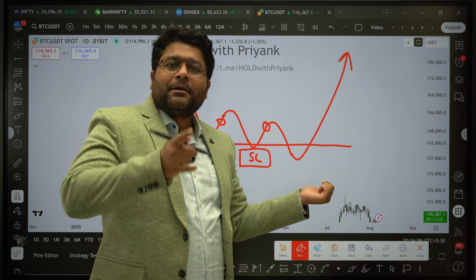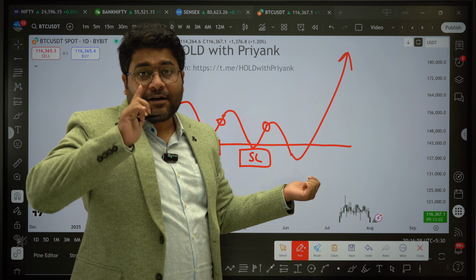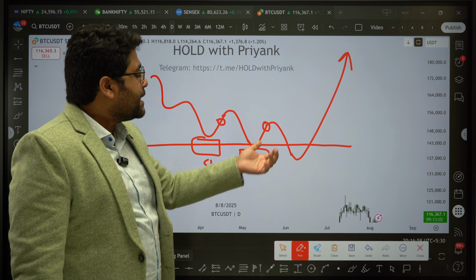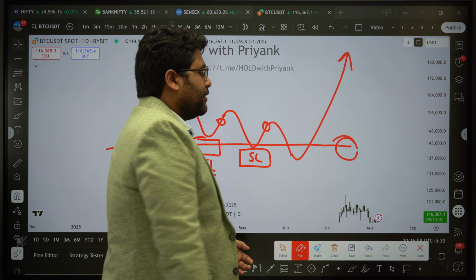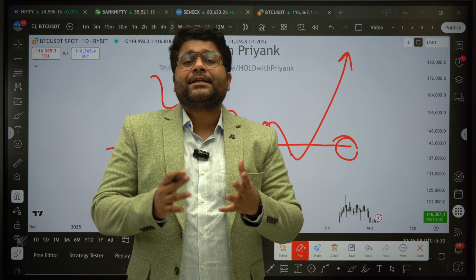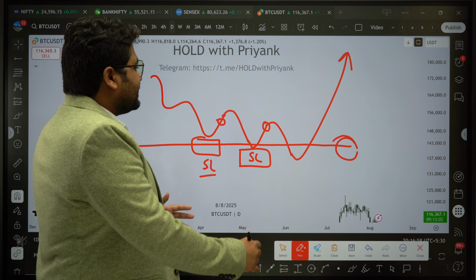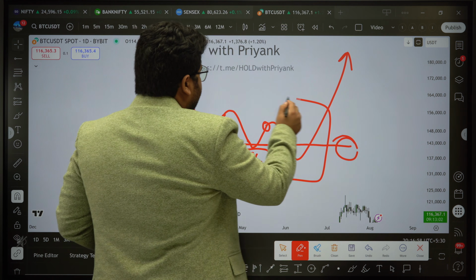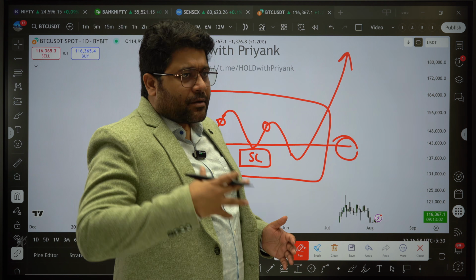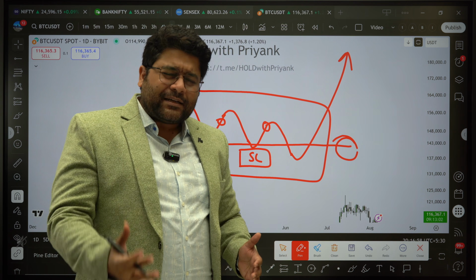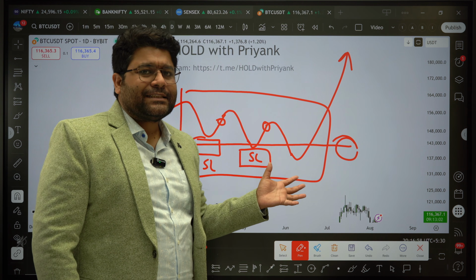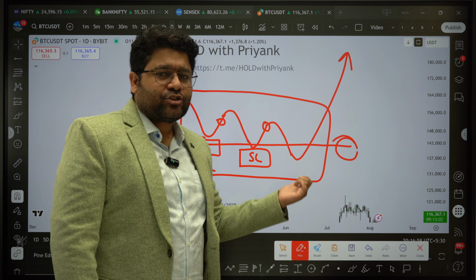That's why in all my previous strategies, I have always told you not to buy directly near a support level. When price reaches a support level, don't buy directly. Let there be some confirmation. Okay. And when we see such a phenomenon, we can recognize it as a pattern. As a beginner, it's quite hard to understand if it is a manipulation, if this price is going to take the stop loss or not.